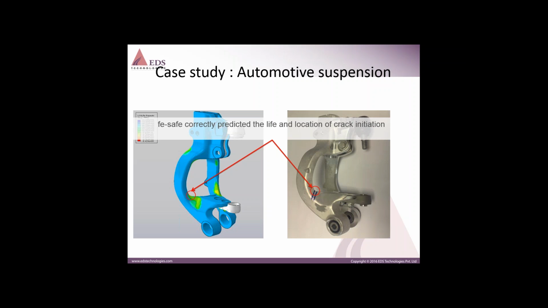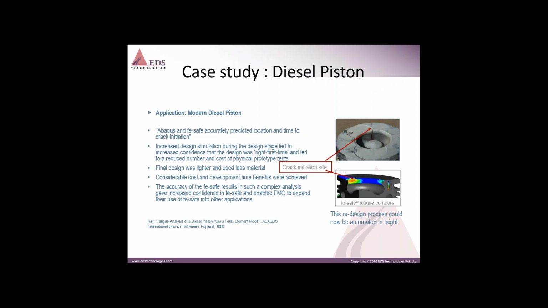I have another application of a modern design of piston, wherein you can see again it is a quadrisymmetric model, and you can see the correlation of crack initiation locations.